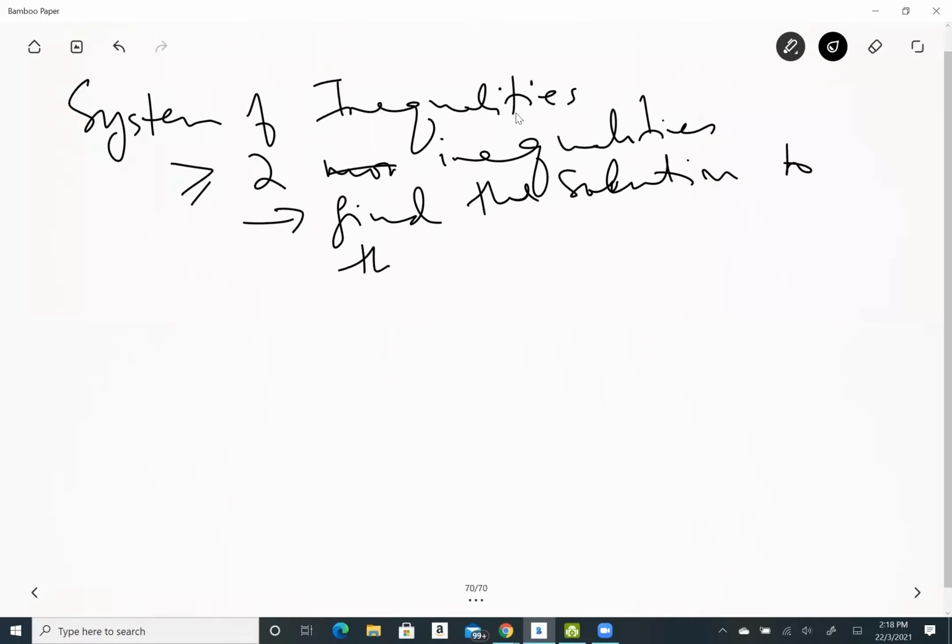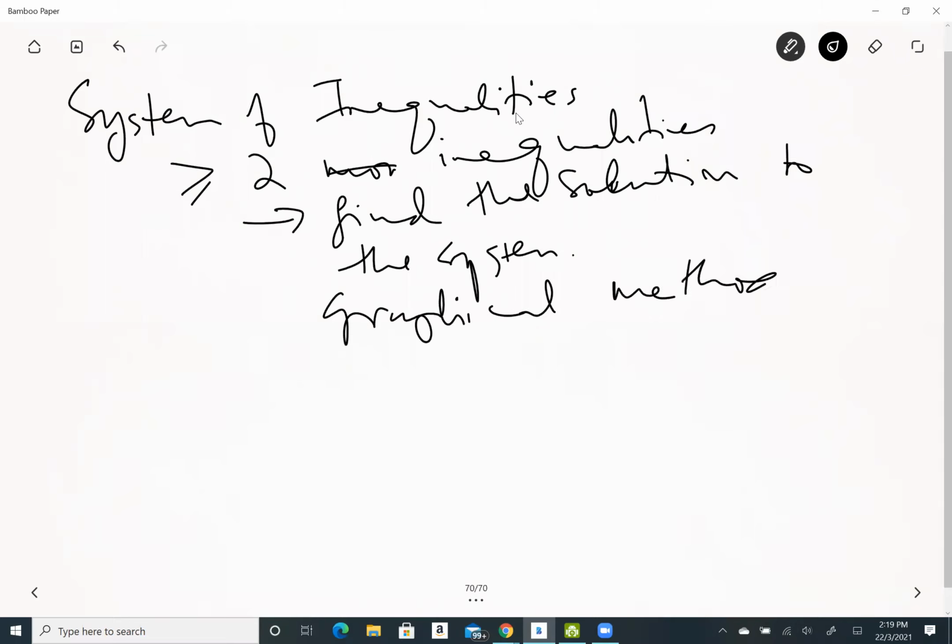Now, how do you find the solution to the system? We are doing it here by the graphical method, so we just use the graph. That's why drawing the graph for inequalities is important. Graphical method means you do it by observation. You just observe and then identify.